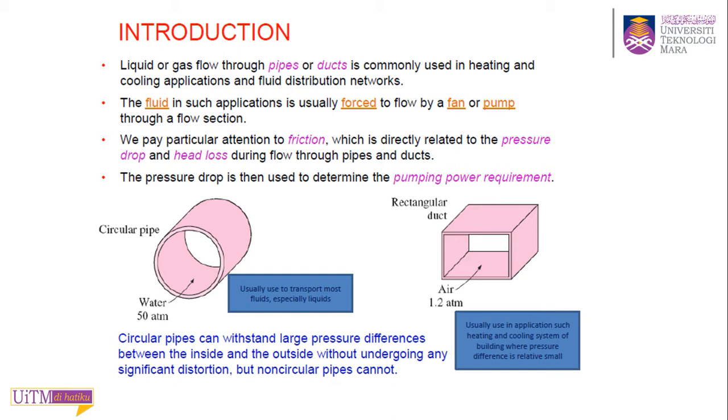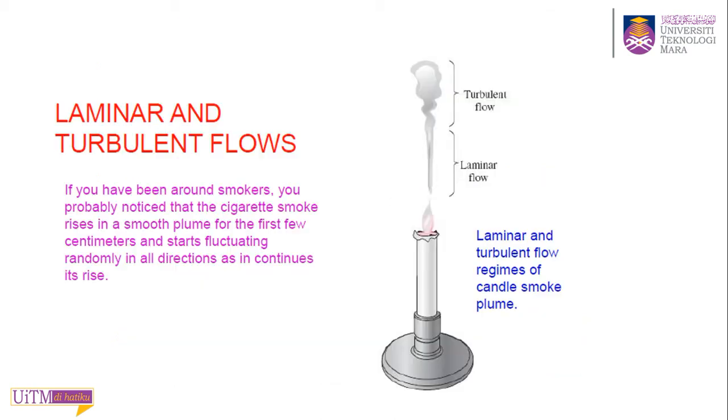requirement. Okay. All right. So in the pipe or in the duct, the fluid can flow in two different regions: one laminar and one turbulent. We already touched this a little bit in chapter 3, where we differentiate what is laminar and what is turbulent.